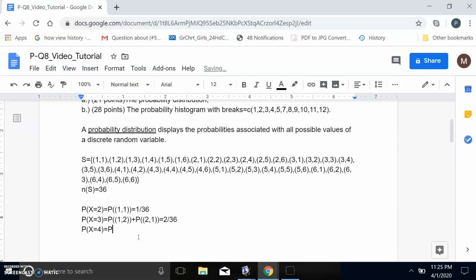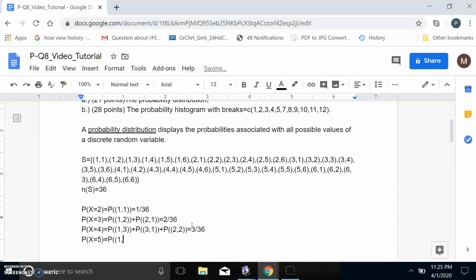To get a 4, I could get a 1, 3, or I could get a 3, 1, or I could get a 2, 2. That's 3 out of 36. Notice it goes 1, 2, 3. So you probably predict the next one would be 4 out of 36.